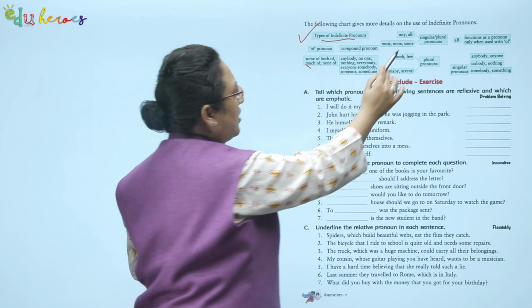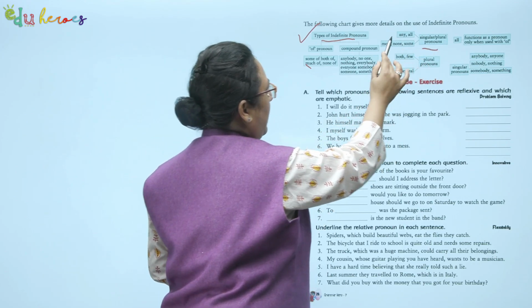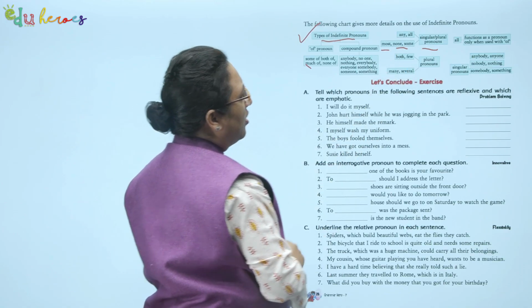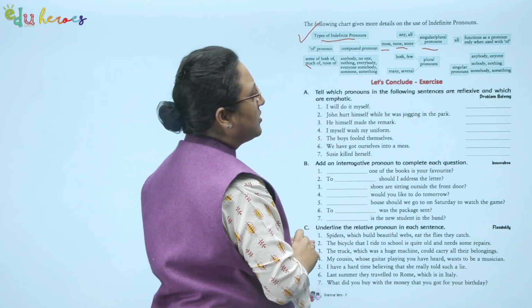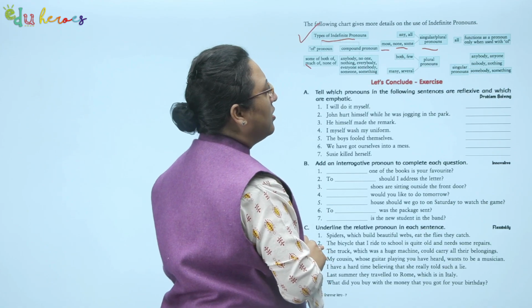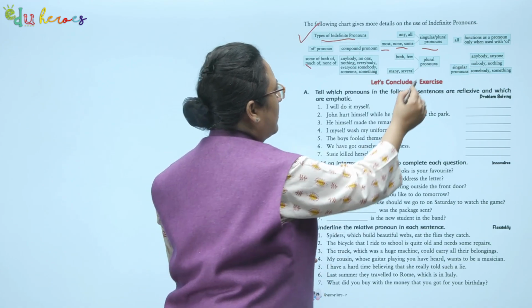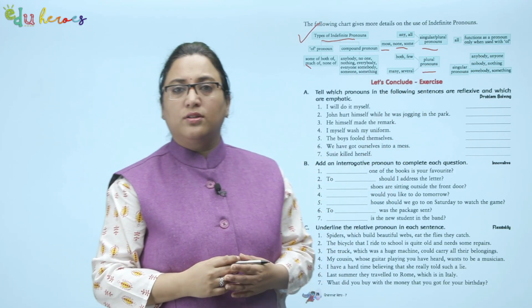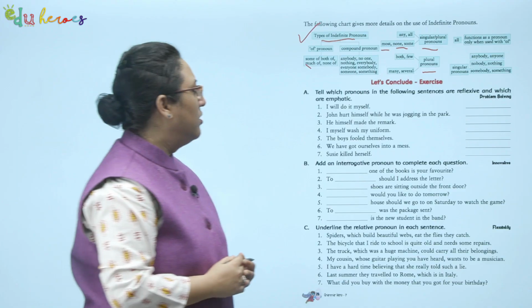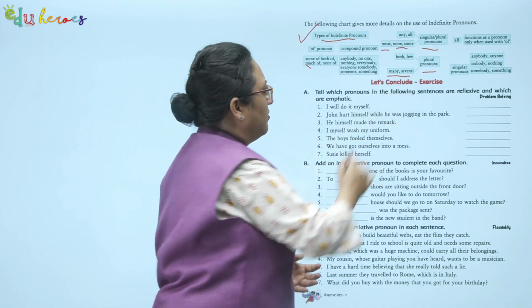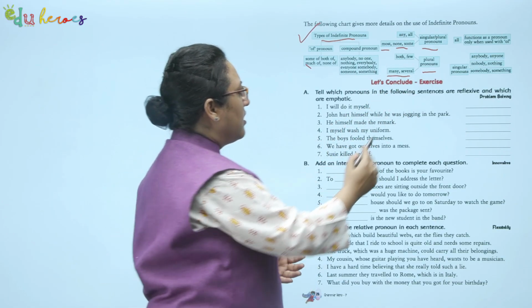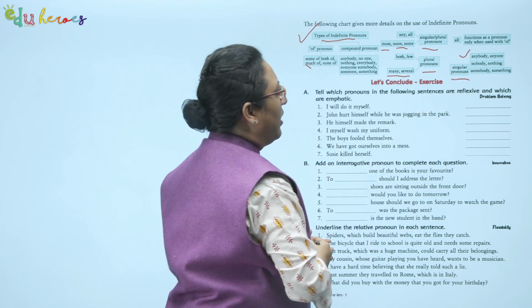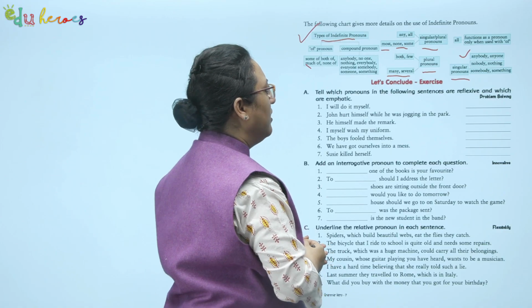And then we have singular and plural pronouns: any, all, most, none, some. All functions as a pronoun only when used with of. Then we have plural pronouns such as both, few, many, several. And last, singular pronouns such as anybody, anyone, nobody, nothing, somebody, something.